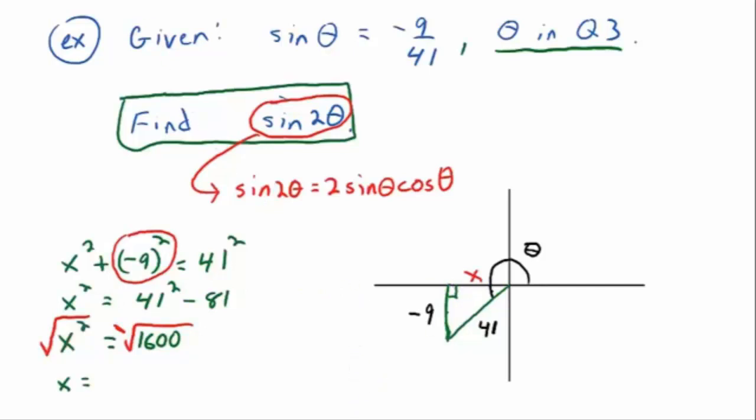So we actually get x is negative 40. So what does that mean? Well, remember what we're looking for. We're looking for the cosine of theta. So that means the cosine of theta from our helper triangle is the CAH part of SOHCAHTOA. Cosine equals adjacent over hypotenuse. And we just figured out that the adjacent side is negative 40. So we get negative 40 over 41 for the cosine of theta.